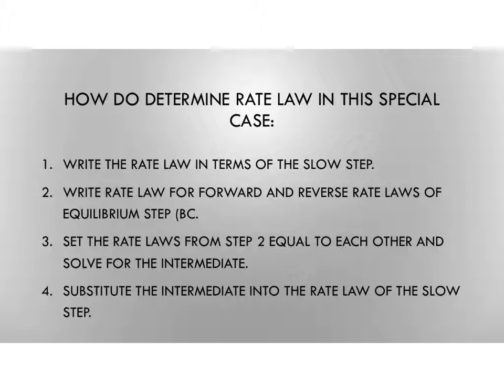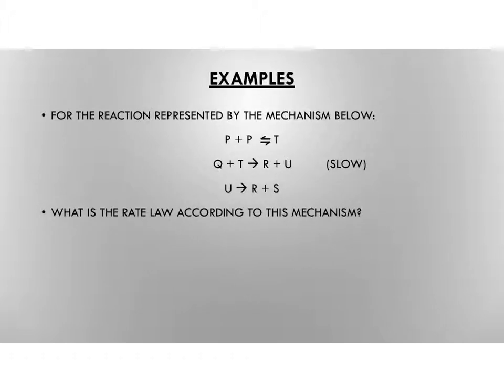Then you're going to set the equilibrium step, you're going to write the rate law for both the forward and reverse reaction. You're going to set them equal to each other, and you're going to solve for the intermediate. And then you're going to plug that into the rate law of the slow step, and that will give you your true rate law.